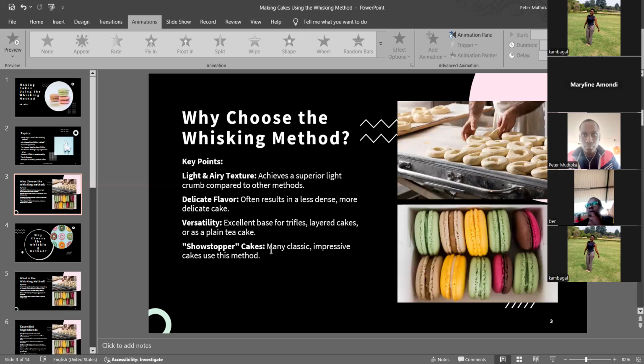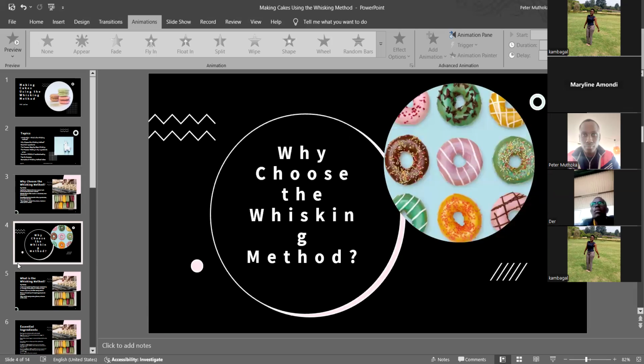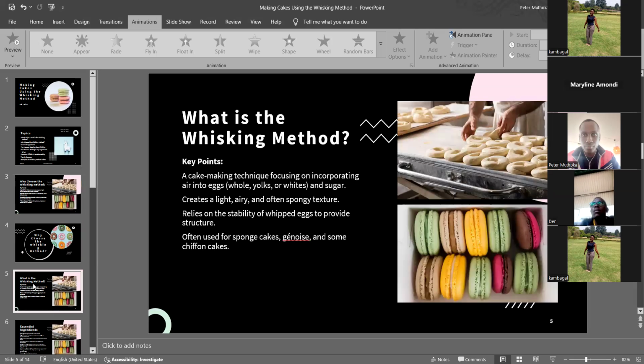Its mixture is less dense, and more delicate cakes will be produced compared to other methods.